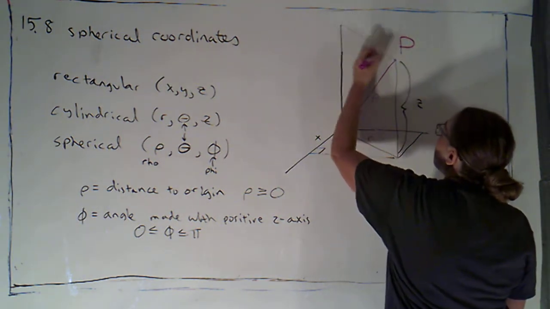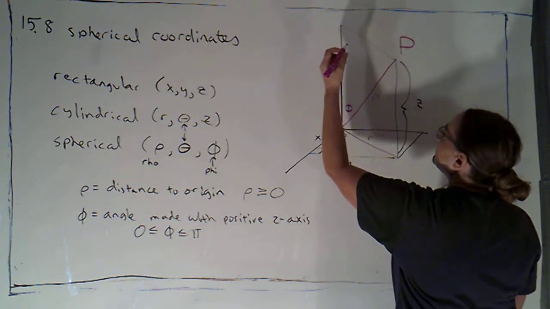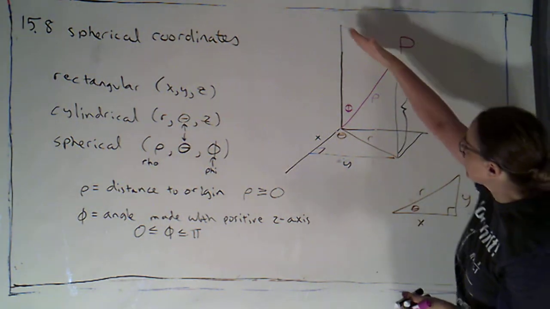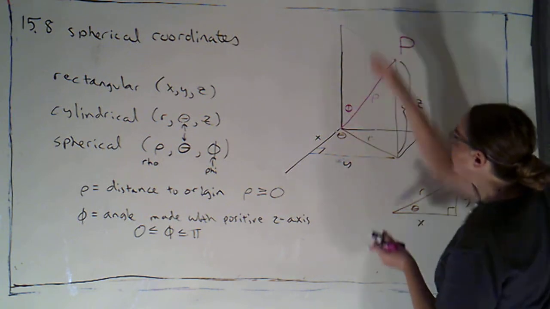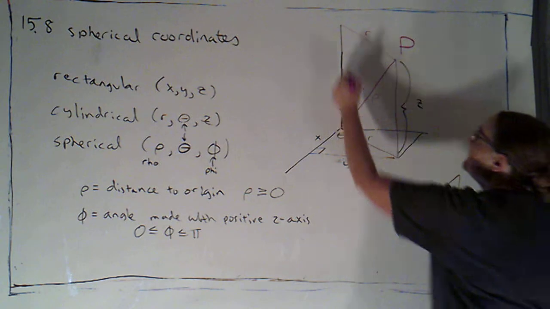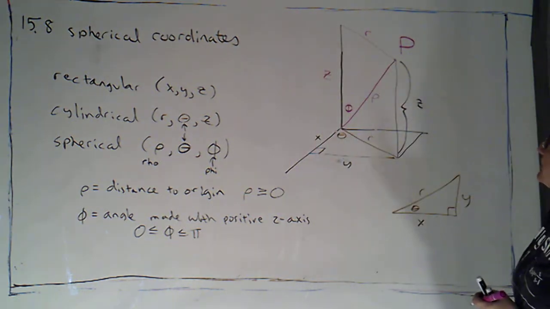If I draw a line here going straight to the z-axis, that's just this line r lifted straight up. And this distance here is z.